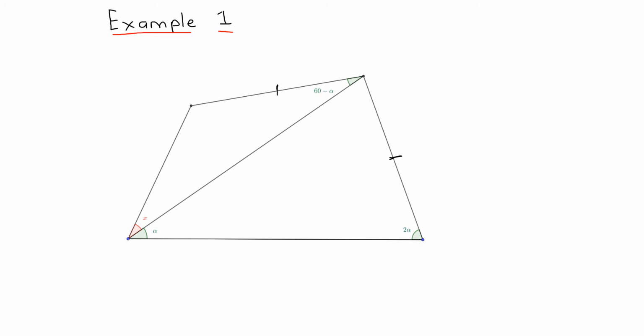So let's do it. Before I actually do this, please pause the video and have a go at it yourselves, see if you can get the question out. Okay, good. I hope you've done it. So the first thing I notice is I've got a 2 alpha and an alpha here.